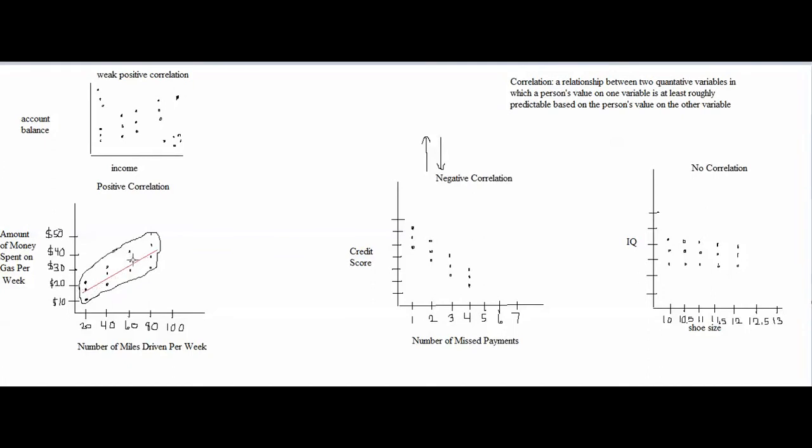And if it's a strong correlation, people are following the line closely, meaning as this variable goes up, this variable goes up pretty consistently along with it. Not very many dots are far away from the line. But if you have a weak positive correlation, then even though the dots are overall rising from left to right, you have a lot more dots that are scattered far from the line, out here and out here, which makes it a weaker positive correlation.